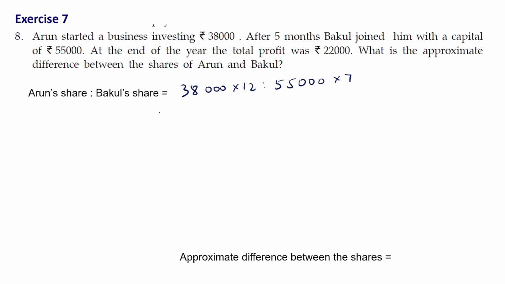So this is equal to 456 is to 385. Now we need to find the approximate difference between Arun's share of profit and Bakul's share of profit when the total profit is rupees 22,000.